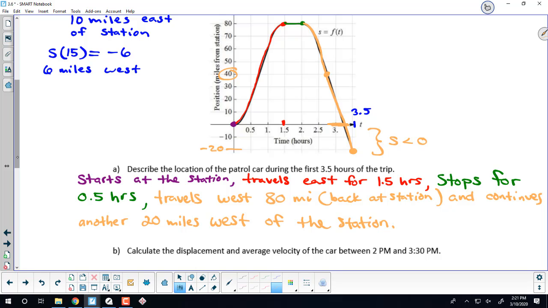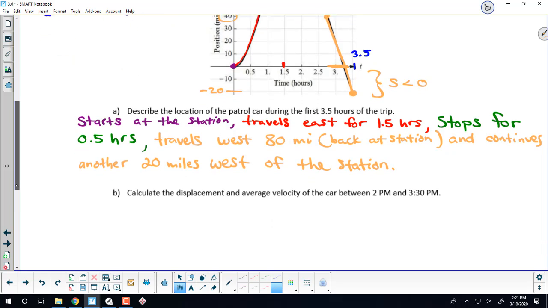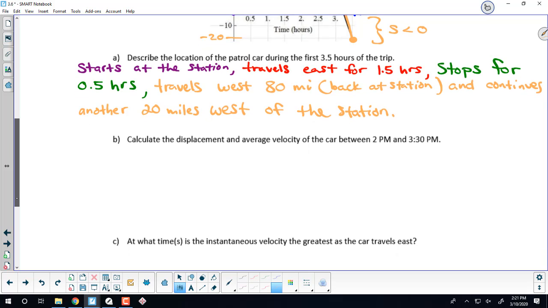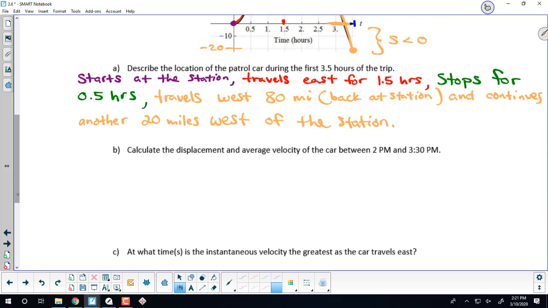Okay, so that's the first 3.5 hours of that trip, and again, that's all the information we have. So part B asks us to calculate the displacement and the average velocity of the car between 2 p.m. and 3:30 p.m. So our displacement, remember, was defined as delta S, change in the position.